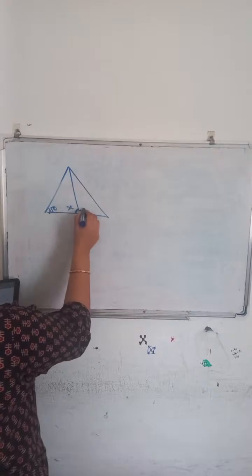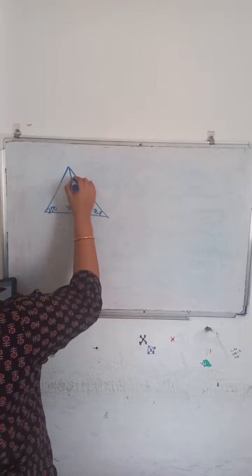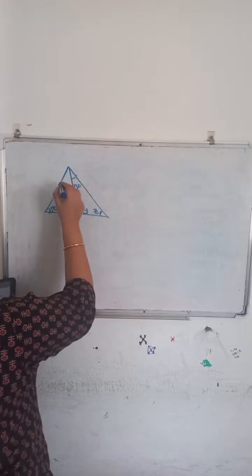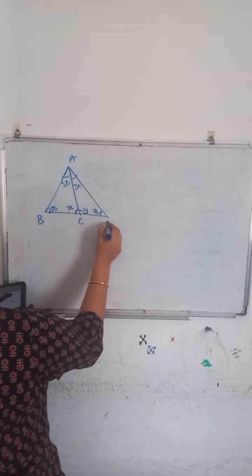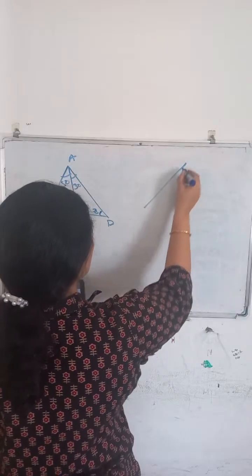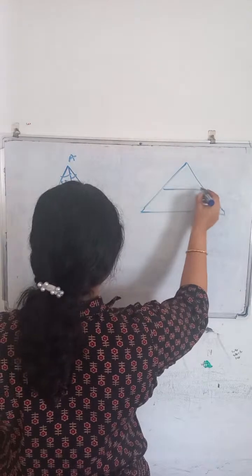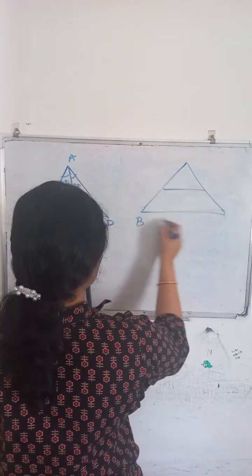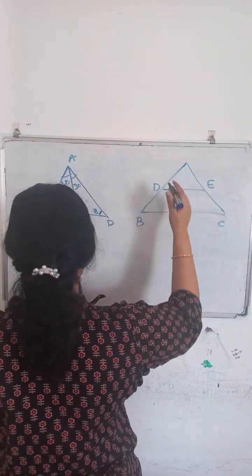This is x, this is y, z, 30, 50, A, B, C and D, and then another figure is given. Check how we did the first one; here the exact opposite sum is given. B, C, D and E. DE is parallel to BC.